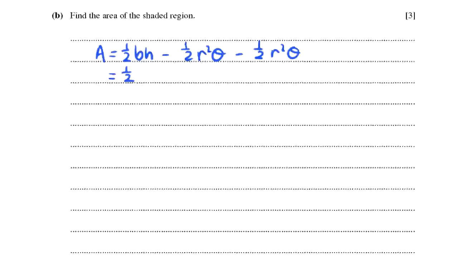So it's a half of 5 times 12 minus a half of the radius, which is 5 squared, multiplied by the angle in radians, 1.176, minus a half of 8 squared radius, times the angle, which was 0.3948 in radians, of course. Okay, I've stored those values on my calculator, so I'm going to use the exact values for the angles, put it all in the calculator, and get the area.